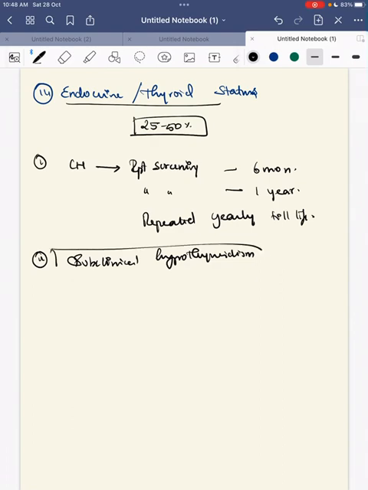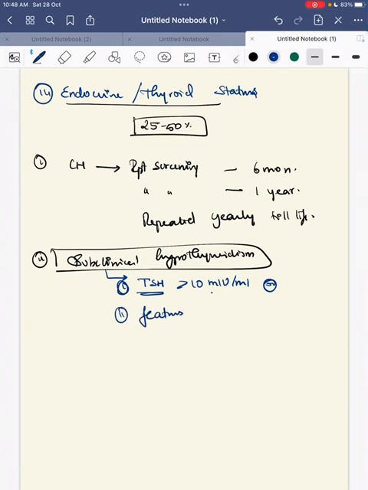Second, what is the current recommendation for subclinical hypothyroidism? The current recommendation is to treat only when TSH remains more than 10 milli international units per ml, or if there are clinical features or symptoms of hypothyroidism, or goiter, or autoimmune thyroiditis.